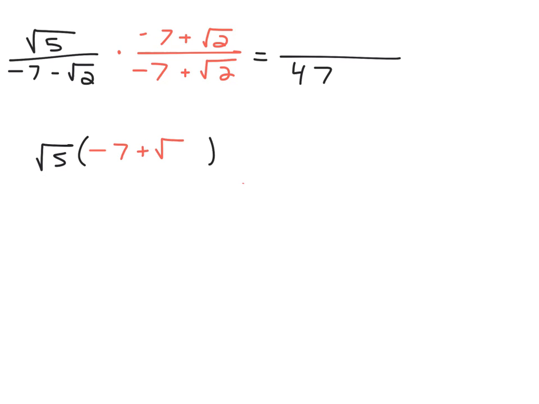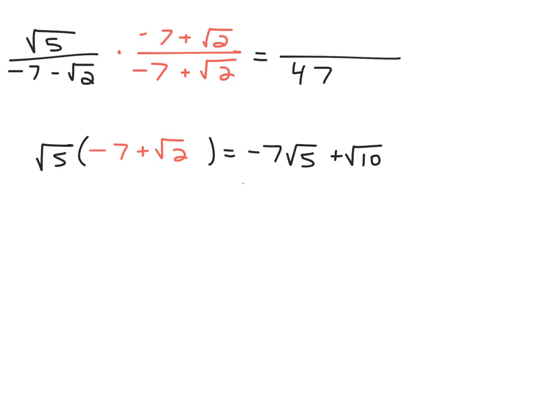plus root 2. And when you multiply them together, you've got negative 7 times root 5 is negative 7 root 5, and root 5 times root 2 is plus root 10.